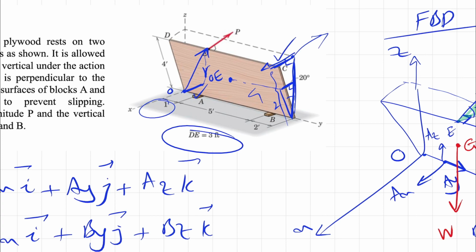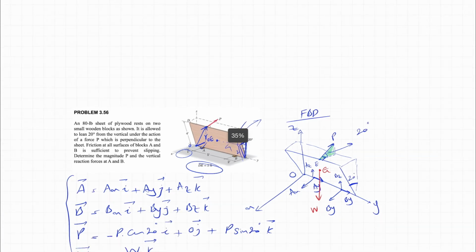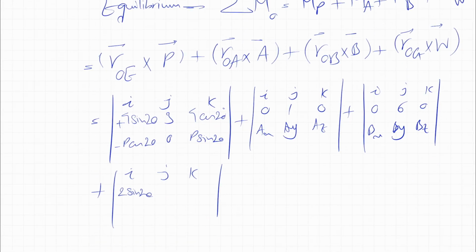For the Y component, we have to find the length of the sheet, and half of that would be our Y. So we have 1 plus 5 plus 2, which is 8. 8 divided by 2 is 4. So we'll have 4 in here. And simply we have 2 cosine of 20 as the Z component.